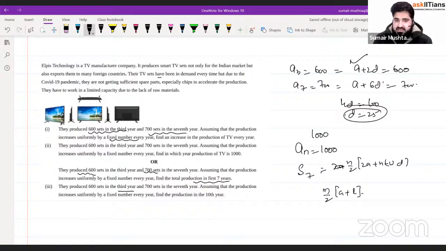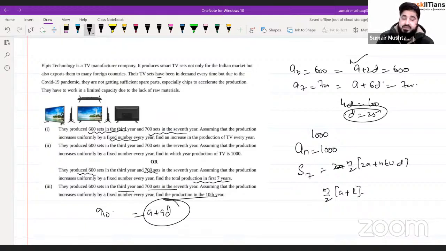600 sets in the third year, 750 in the seventh year, assuming that the production increases uniformly by a fixed amount each year, find the production in the 10th year. That means you need to find A10. Simple, that's A plus 9D. But see, there is one important thing that I need to tell you.